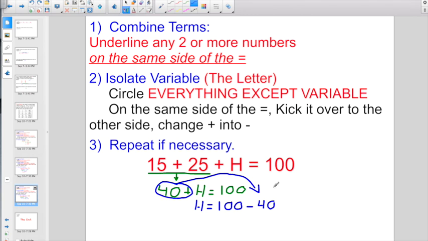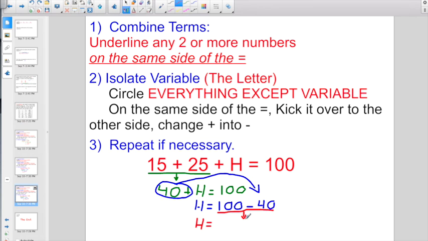2 steps and 2 steps only in algebra: combine terms or isolate the variable. I have to combine these terms, 100 minus 40, but we read the equation left to right. Start off by writing everything that is not underlined. I did not underline H. I did not underline the equal sign, but I did underline 100 minus 40, so I don't want to write that again.